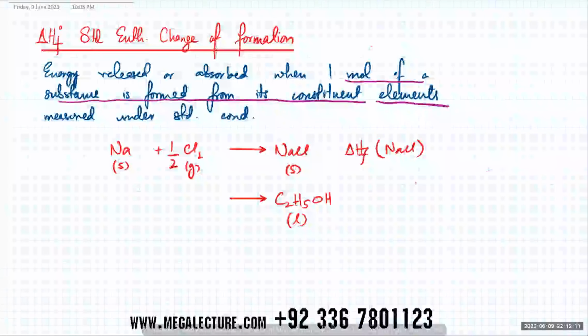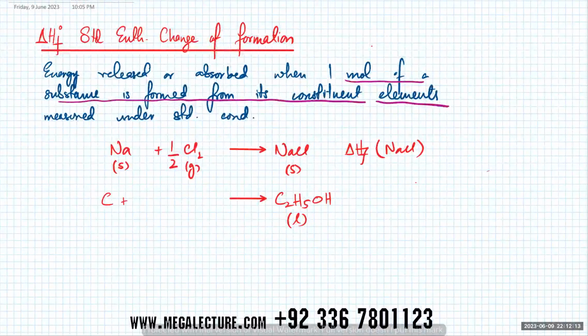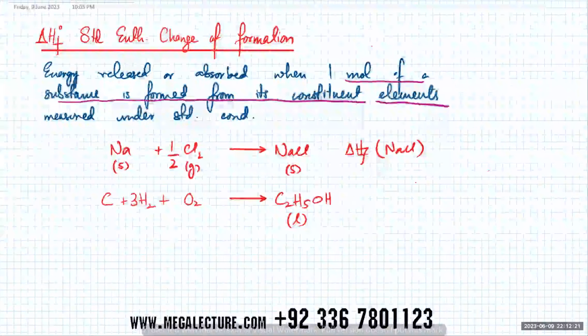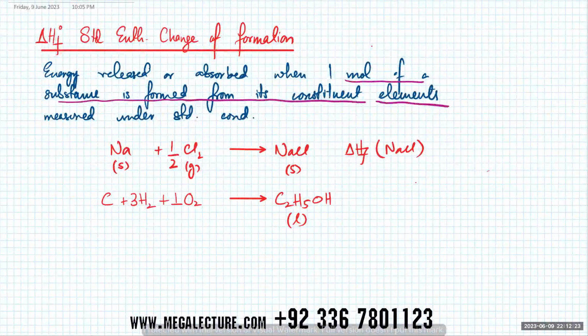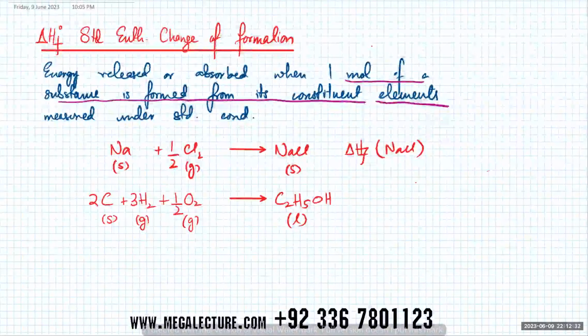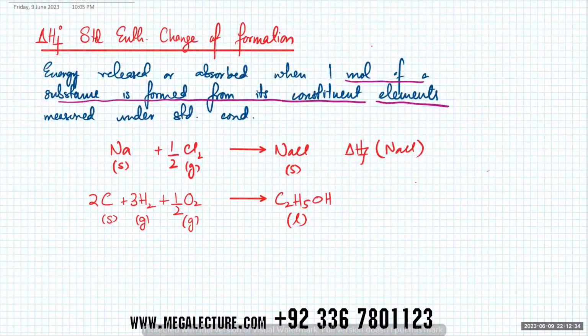The elements are what? Carbon, hydrogen, which is H2, and oxygen, which is O2. There's going to be 3H2, half O2 and 2 C, and the product is a liquid. So this enthalpy change would be the enthalpy of formation of ethanol, C2H5OH.